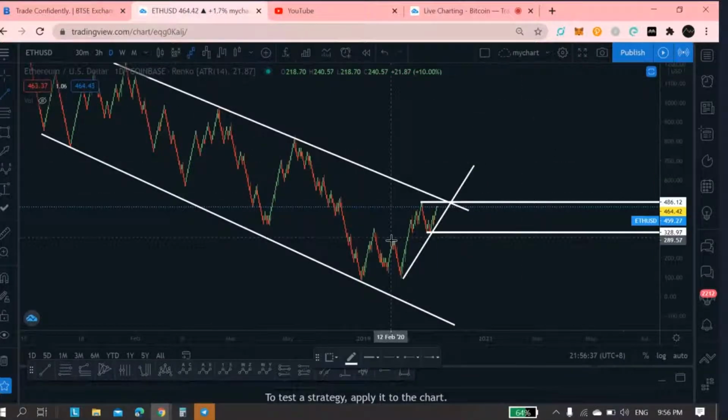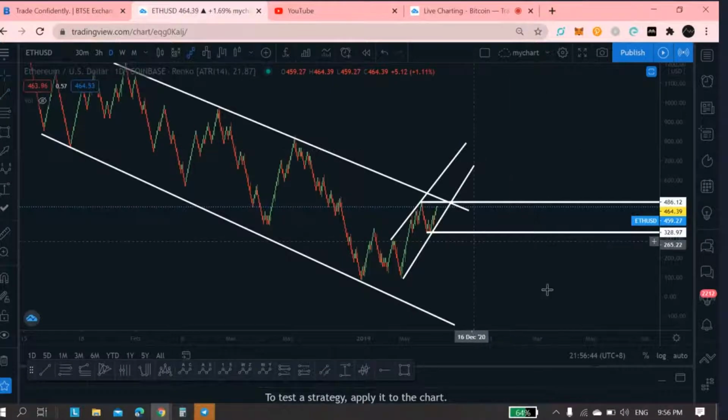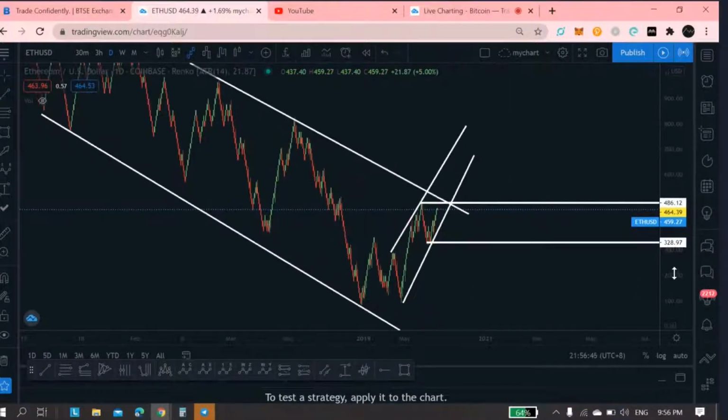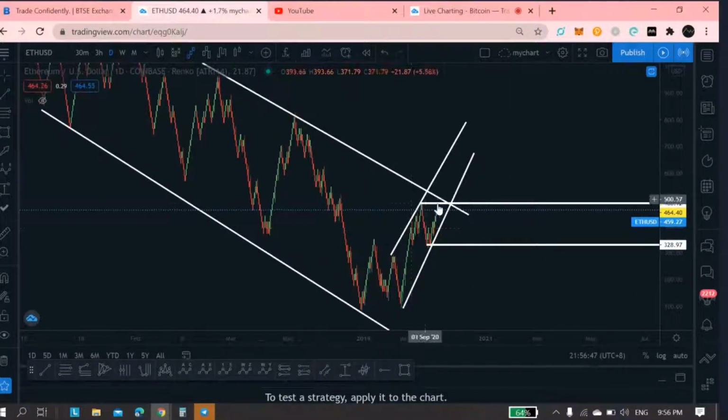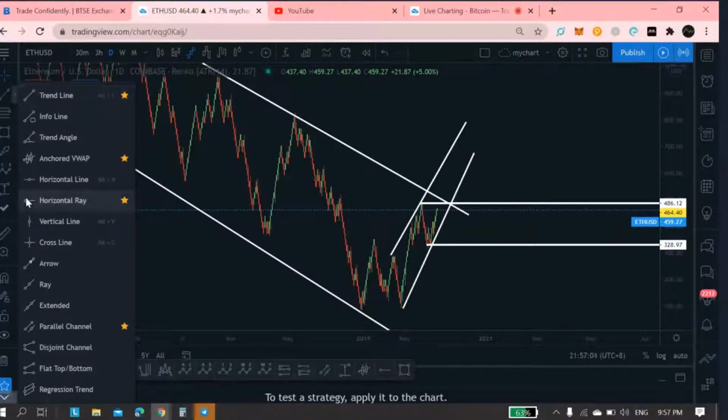So as I said a while ago, my first TP area, or the resistance area I'm looking at, is of course the 486. Once it breaks this year-to-date high of 486, I'm expecting it to trade around the 500 levels.